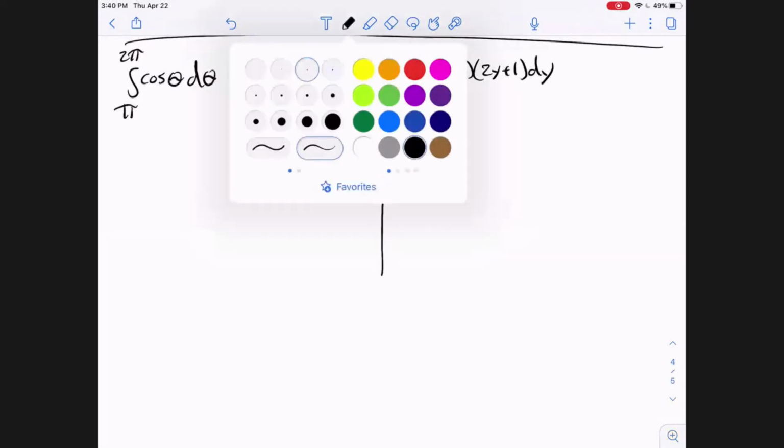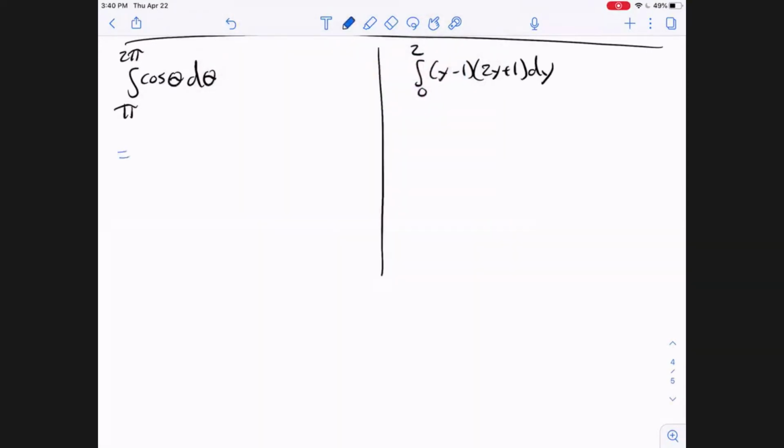All right, so let's go ahead and do this here. The antiderivative of cosine is just sine, because the derivative of sine is cosine, from pi to 2 pi. So you plug in 2 pi: the sine of 2 pi minus the sine of pi.